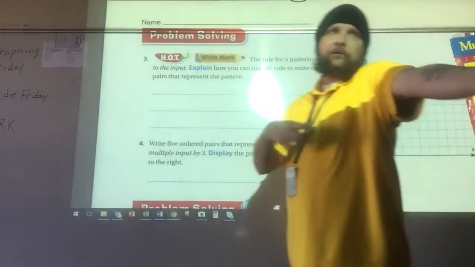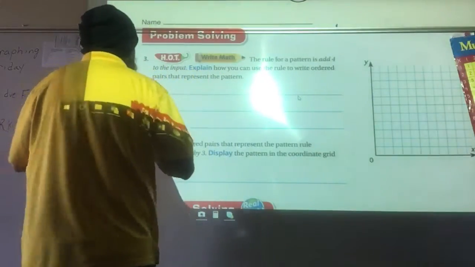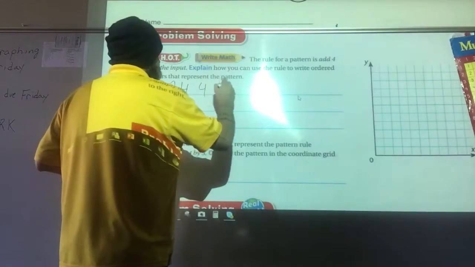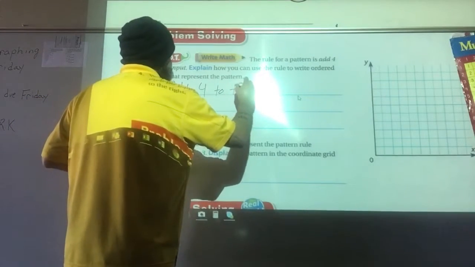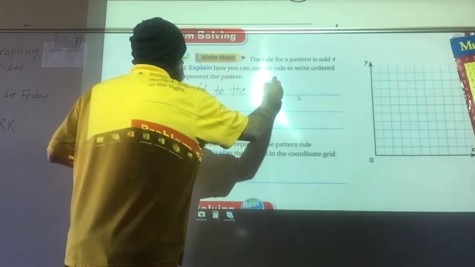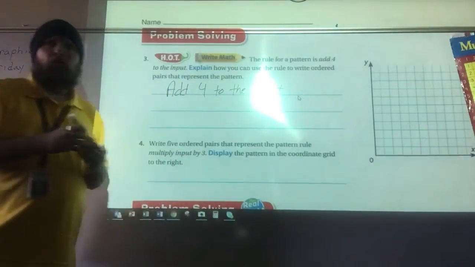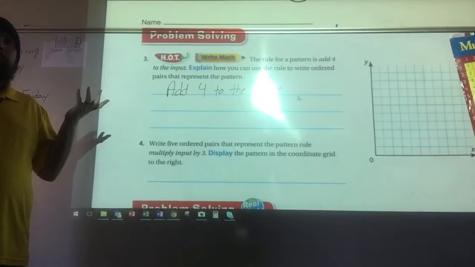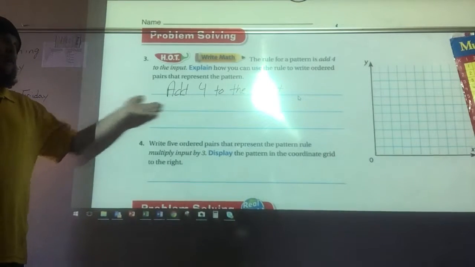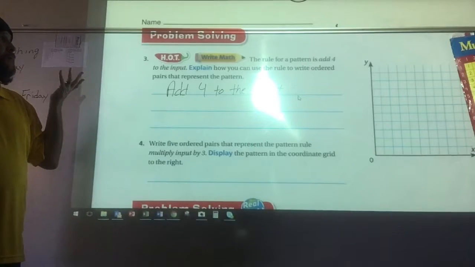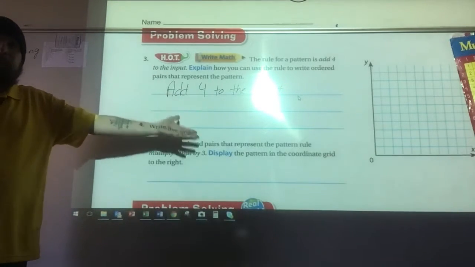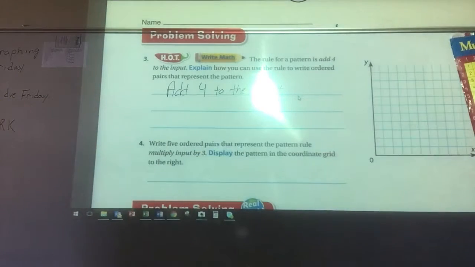Add 4 to the input. Very easy. Piece of cake. That's all you had to write on that. Very simple.